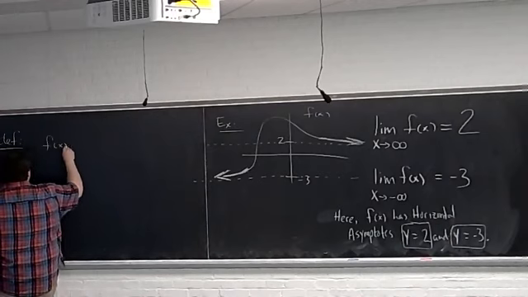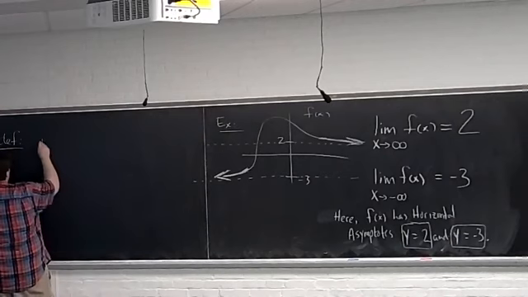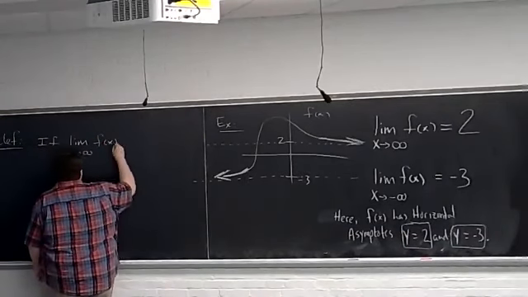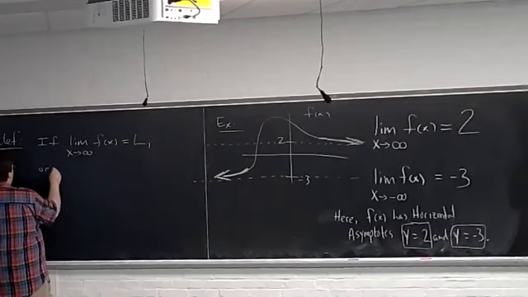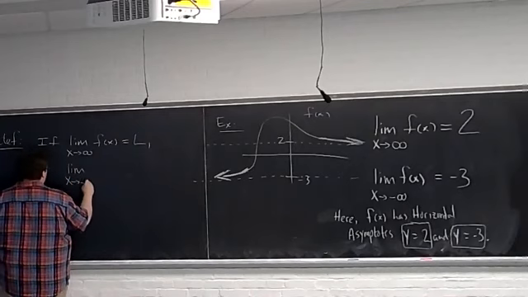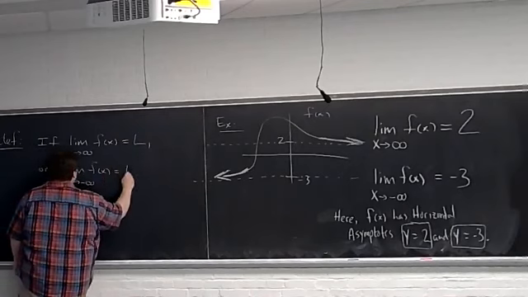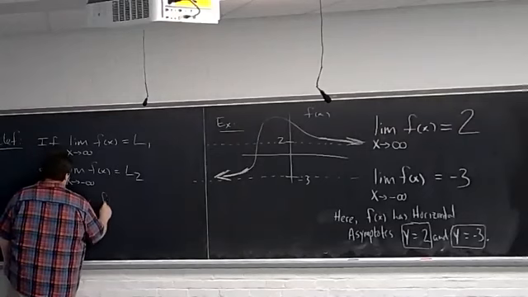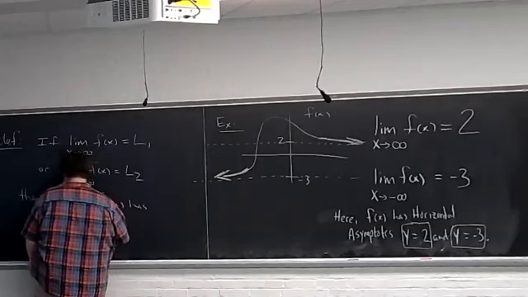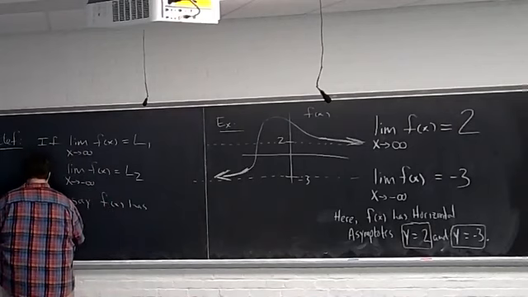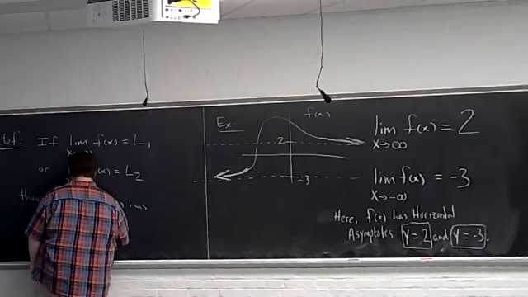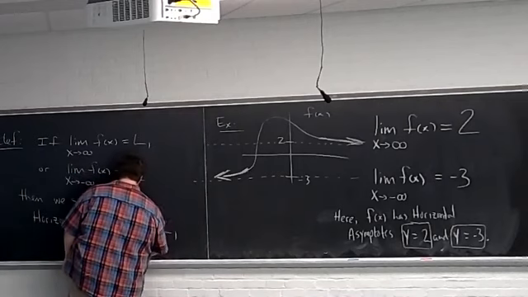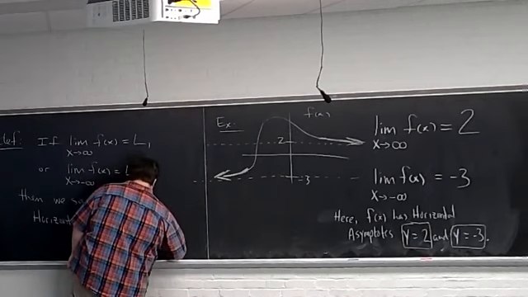If the limit as x approaches infinity of f of x equals some number, let's call it L1, or the limit as x approaches negative infinity of f of x equals L2, then we say f of x has horizontal asymptotes, the horizontal lines y equals L1 and y equals L2.